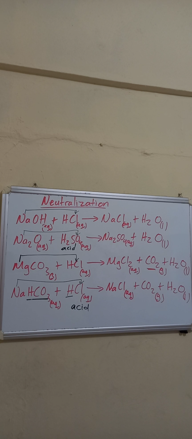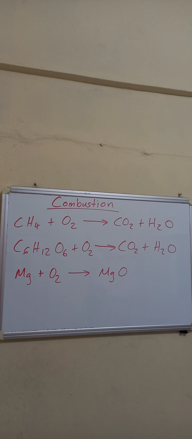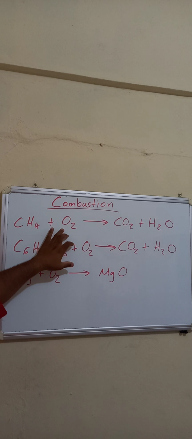The final one will be combustion. Alright, so the final reaction we're going to look at is combustion. And we know combustion refers to burning a compound in air. When we say air, we are referring to oxygen.